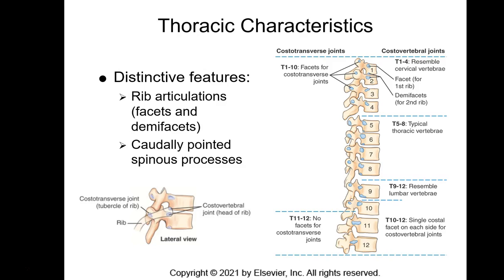For example, rib 1 articulates with T1, and ribs 11 and 12 articulate only with T11 and T12. And you can see that here. And we'll study ribs more when we learn bony thorax in the next unit. I just wanted to introduce some specific characteristics to the thoracic vertebrae.